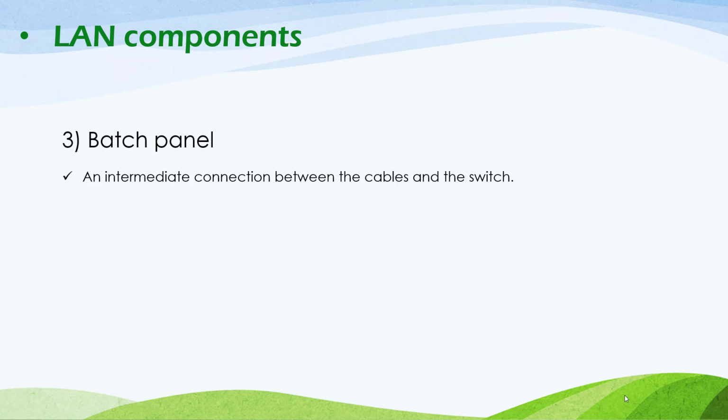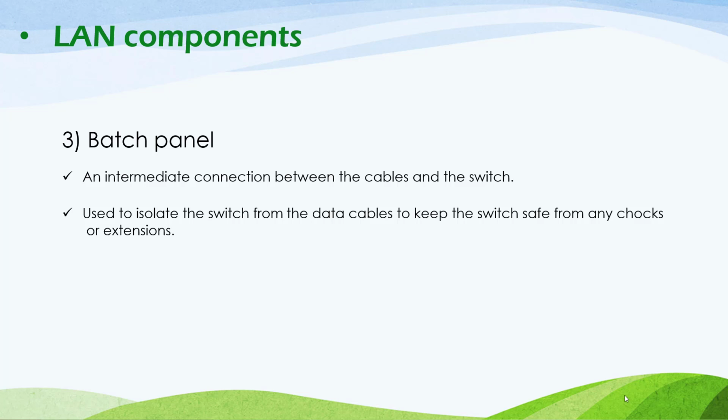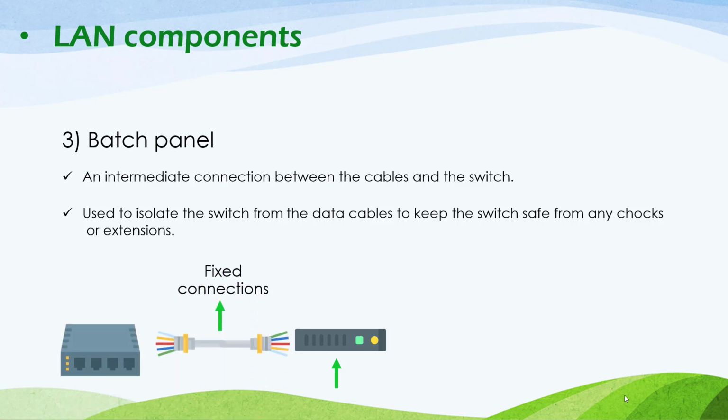And the main usage of this patch panel is to isolate the data switch from the connected cables, as the patch panel is connected to the data switch with a small copper cable that is called the patch cord, and this connection becomes fixed or non-changeable, and this is to keep the data switch safe with no shocks or no problems that the switch may be exposed to during the working operation of the system.